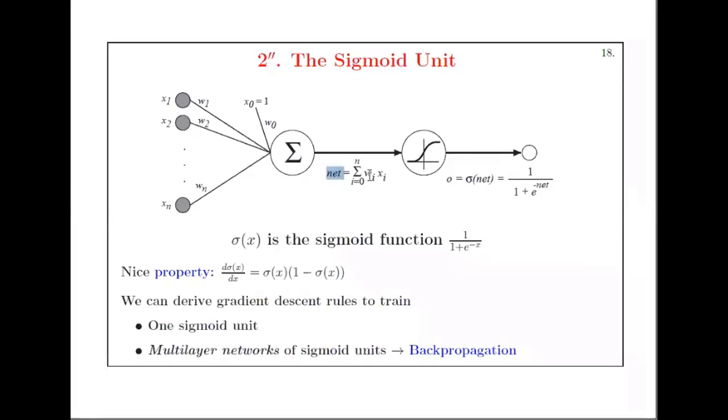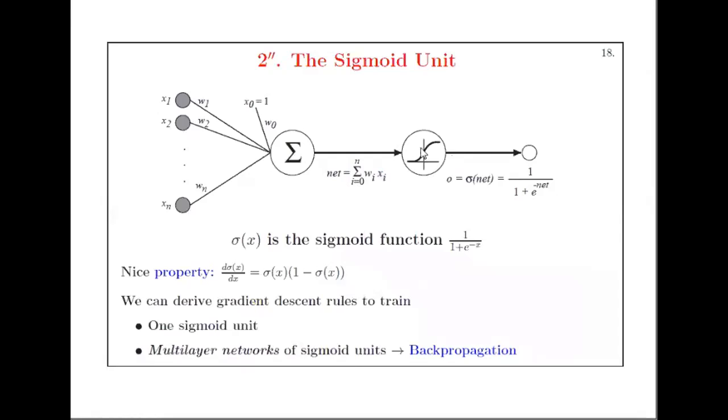The summation of weight and input, w0 into x0 plus w1 into x1, going up to wn into xn. That summation of these values, this combination, we are calling net. The summation of input and weight combination is taken, and it is provided as input to a squashing function. We call it a sigmoid function or squashing function. So the output is dependent on the input. It is not like you are going to get 1 or minus 1.